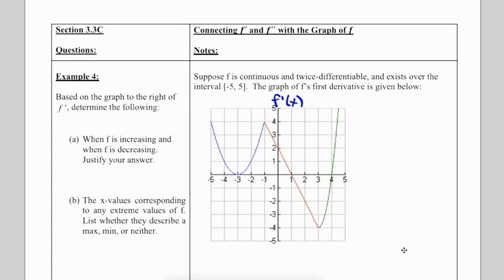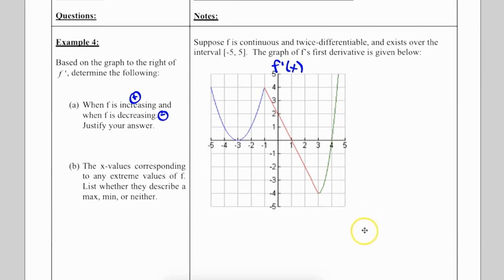That's important. So first, we're going to look to see where f is increasing and where f is decreasing, and we'll justify our answer. So whenever I see increasing, decreasing, I know that's really talking about the slope. We're looking to see where the slope of f is positive and the slope of f is negative. Well, we know that the graph of f prime tells us what the value of the slope is at any certain point.